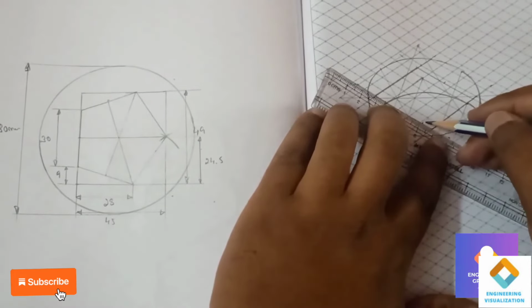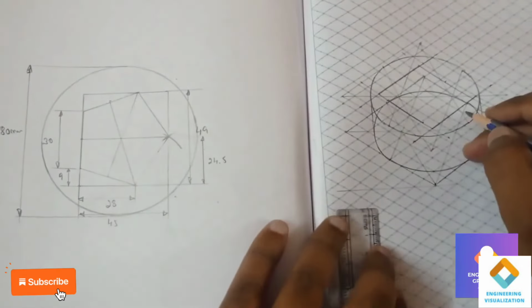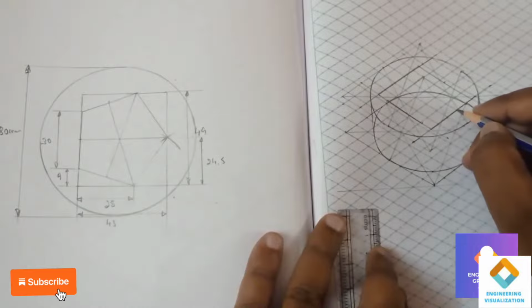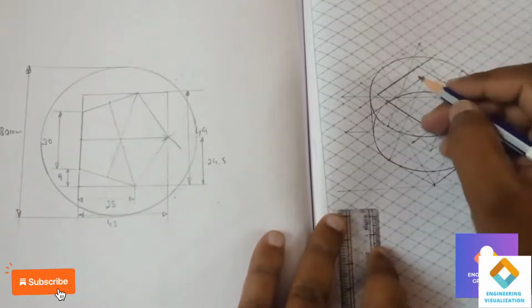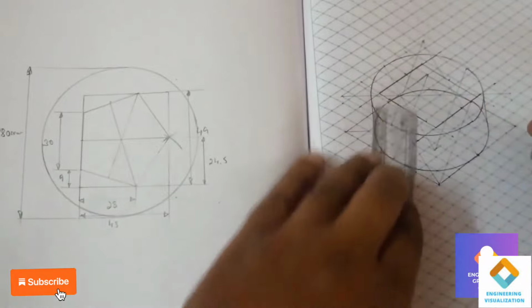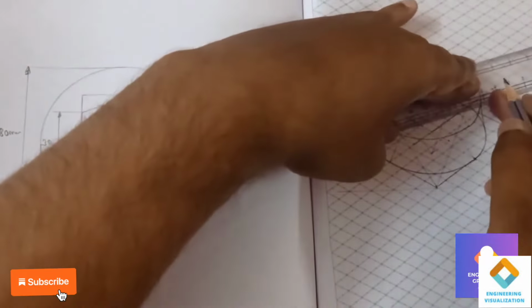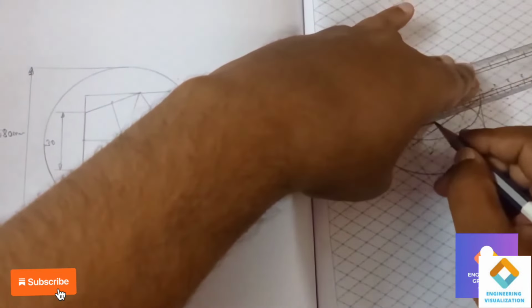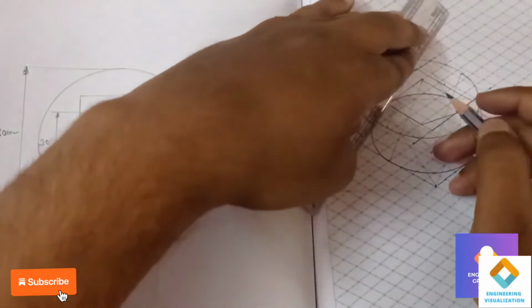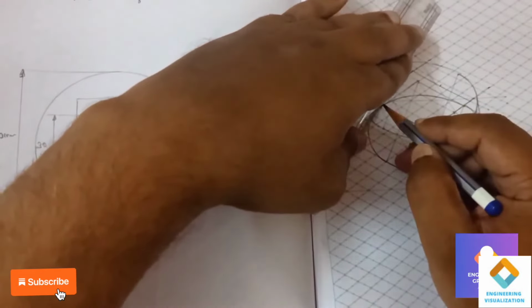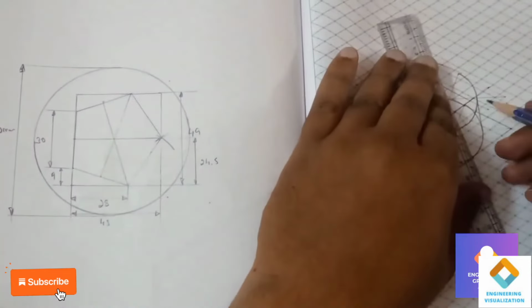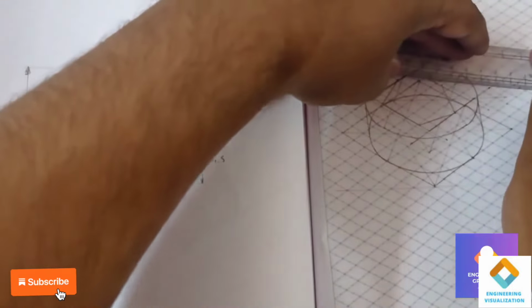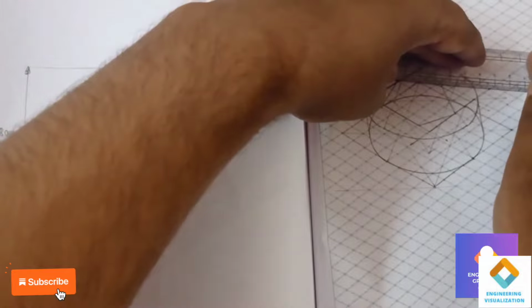Still I need to mark 28 here, so I'll be marking 28 here and here. Then I'll join these points to get the pentagon. By joining all these points we get a pentagon here.